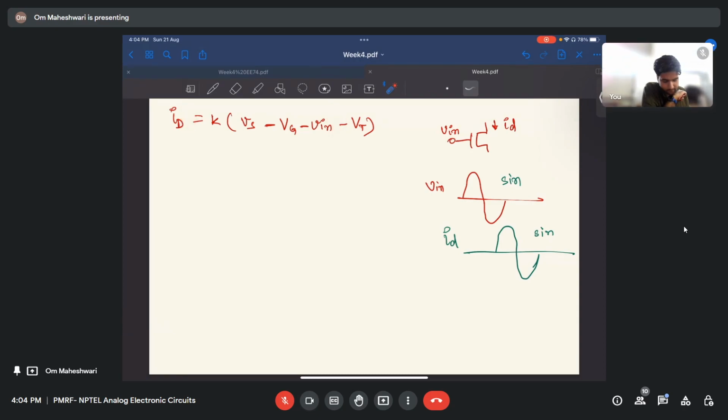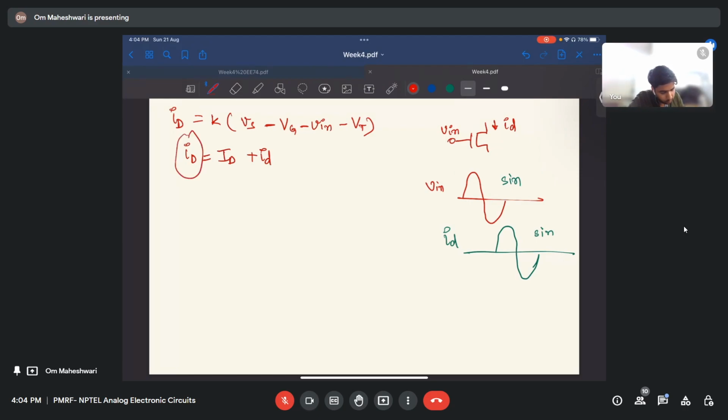So for maximum Vn, let us take this value of Vn. For this maximum Vn, this ID is actually the net ID. It is AC plus DC. Let me write it. ID equals DC plus AC ID.